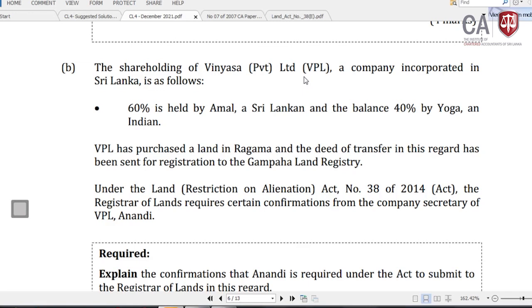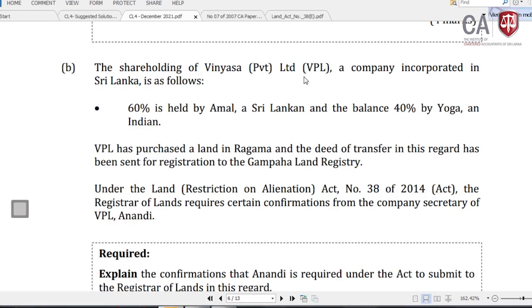When a foreigner is trying to acquire a property in Sri Lanka, there are some restrictions. Actually, it's prohibited for them to acquire lands in Sri Lanka. However, they can go for a 99-year lease. I'll come to that later, but it's not relevant to this question. This is a company. A company is registered in Sri Lanka.